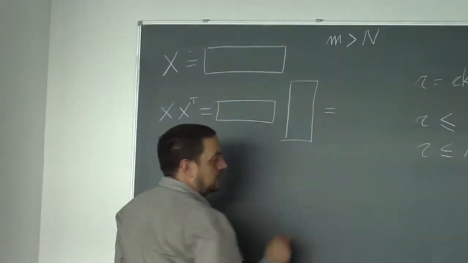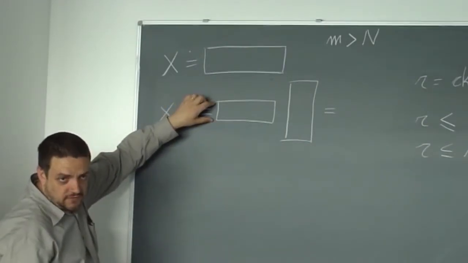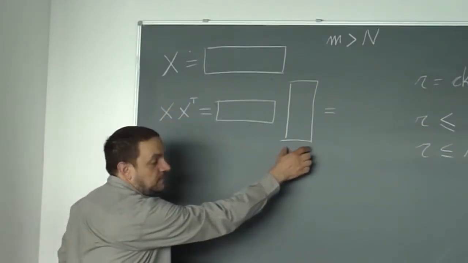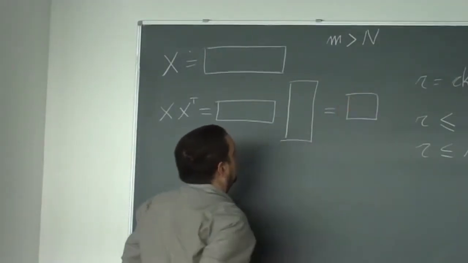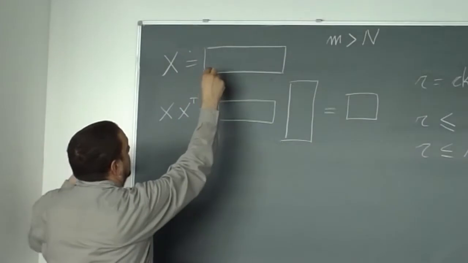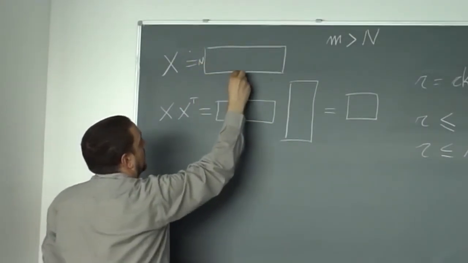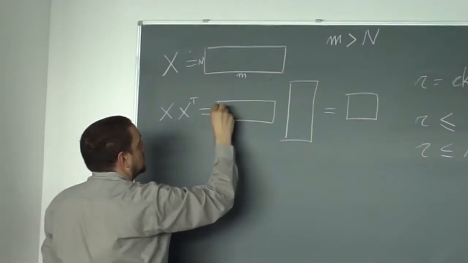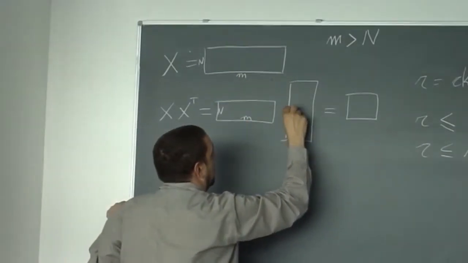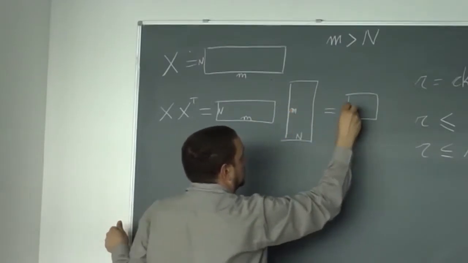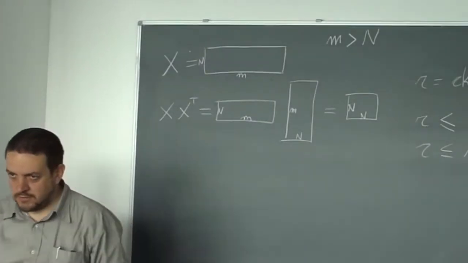What we get, of course, is a matrix with the same number of rows as the first matrix and the same number of columns as the second matrix. So we get, in this case, the numbers were, okay, n rows and m columns. These were n rows and m columns. M rows and n columns, so an n by n matrix.